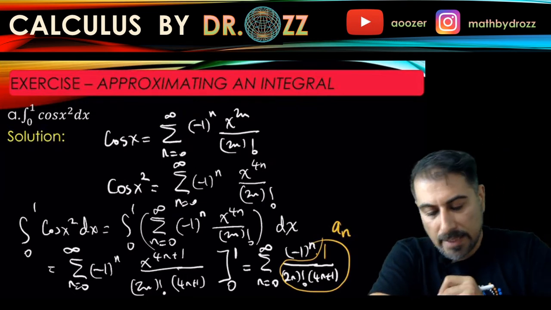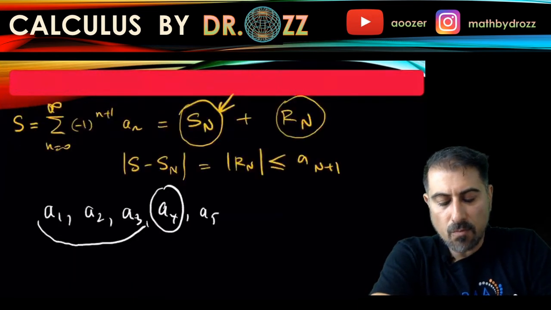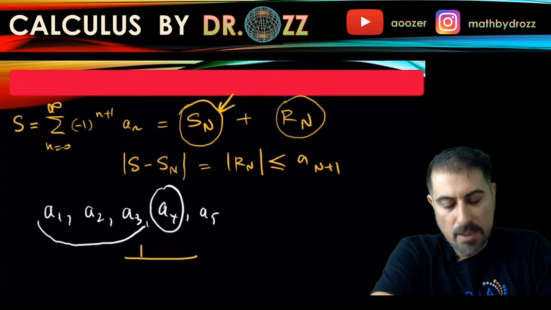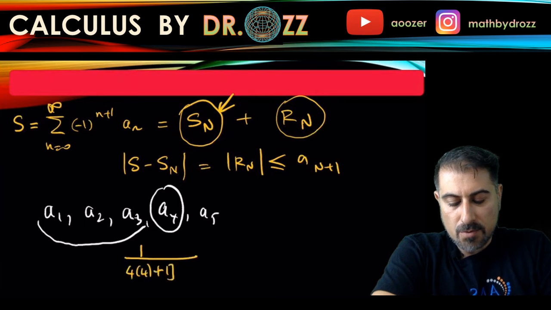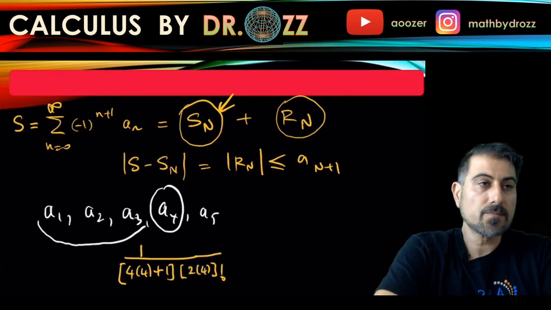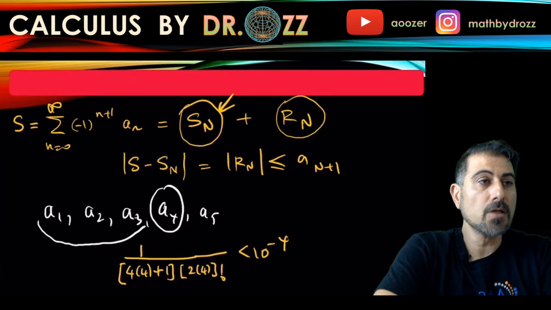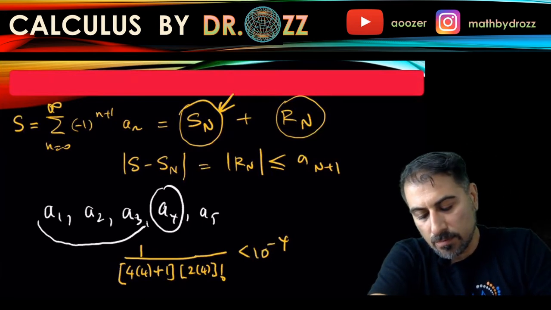And it turns out that 1 over (4 times 4 plus 1) times 2 times 4 factorial is less than 10 to the minus 4, and that corresponds to n equals 4. That's good news. This is a4.